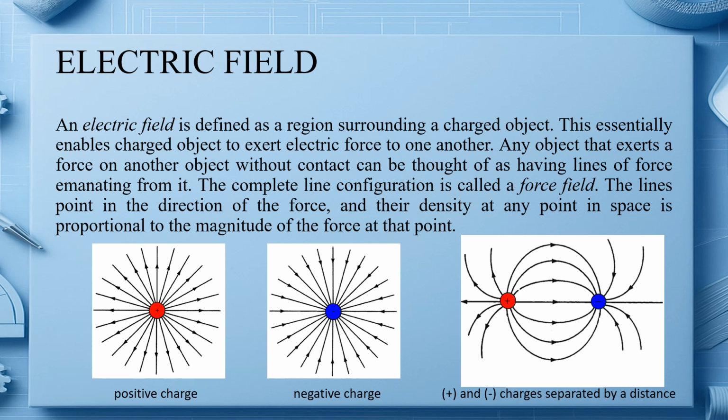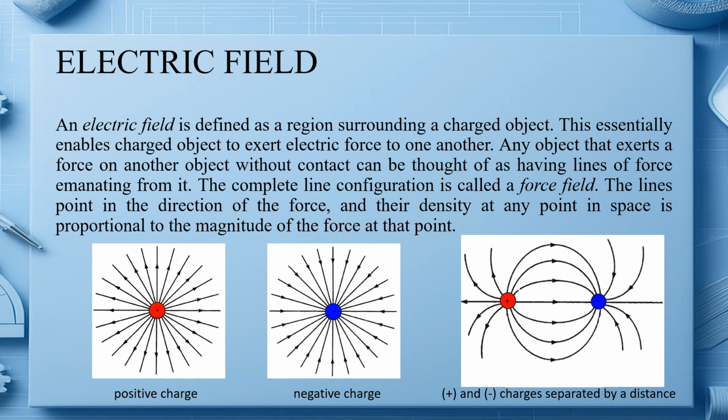The diagram on the left shows the electric field of positively charged particles. In the middle, we have the negative charge. And if we combine the two, as we can see here, the force field configuration for two opposite charges separated by a distance.